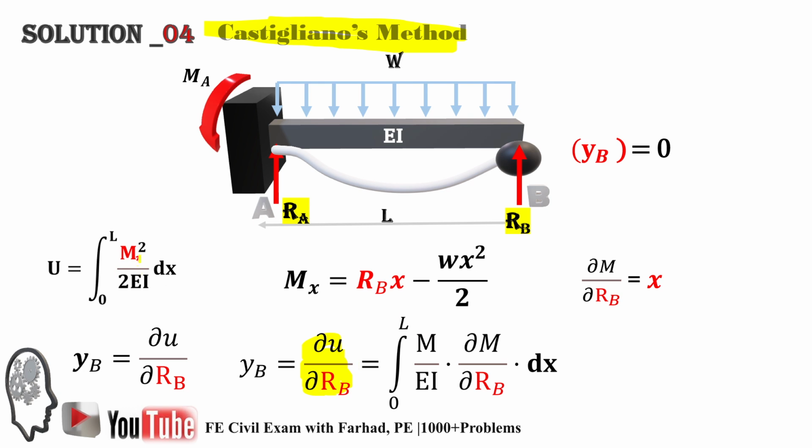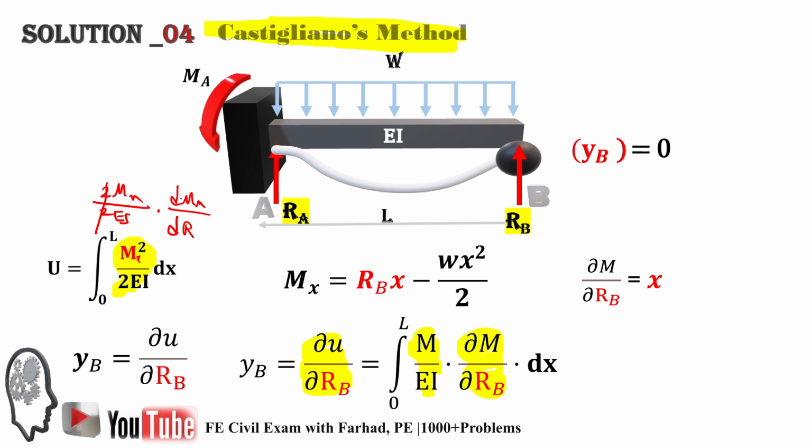Then for YB, that's partial U over partial RB, equal to the derivative of this equation. It gives us M over EI times partial M over partial RB. If you want to know how that works, it is 2Mx over 2EI times dMx over dRB.